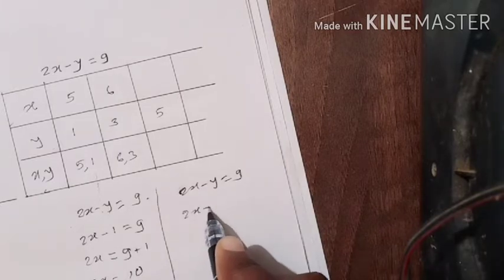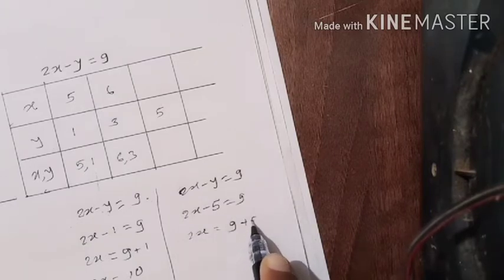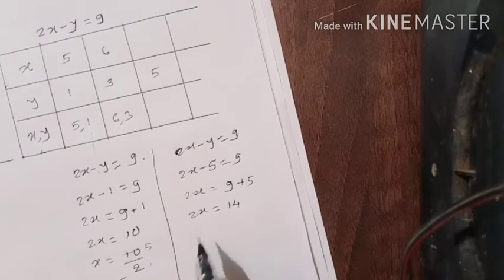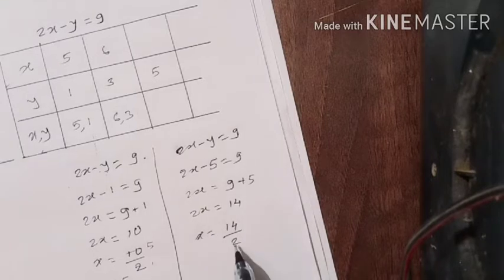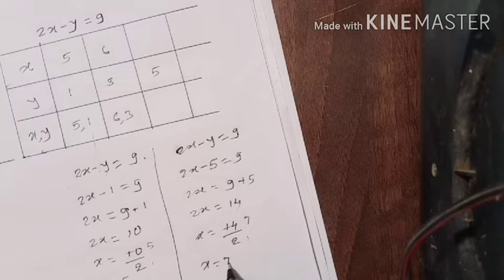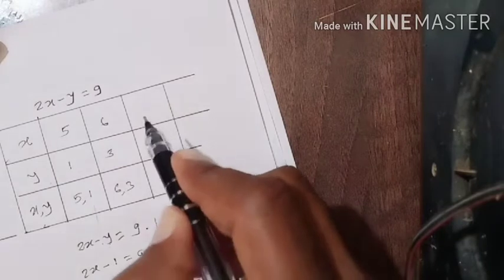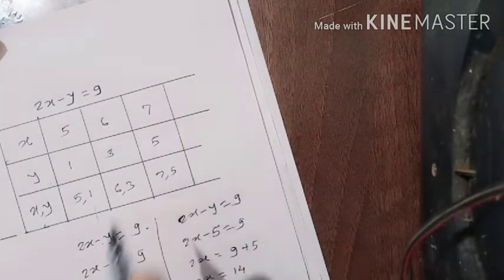Therefore, 2x minus 5 is equal to 9, and 2x is equal to 9 minus 5 becomes plus 5. Therefore, 2x is equal to 14. Now, we have to calculate the value of x. Therefore, x is equal to 14 divided by 2, and 2 1s are 2, 2 7s are 14. Therefore, x is equal to 7. It is the value of x, and we will put this value in that box here, and the coordinates will be (7, 5).